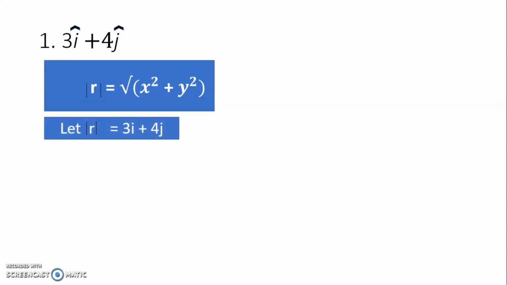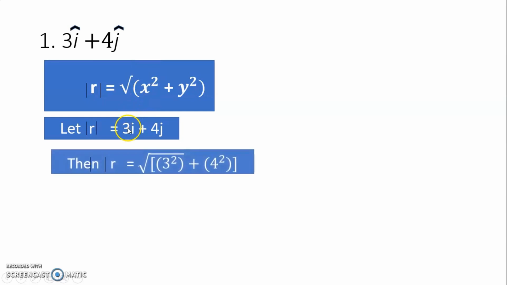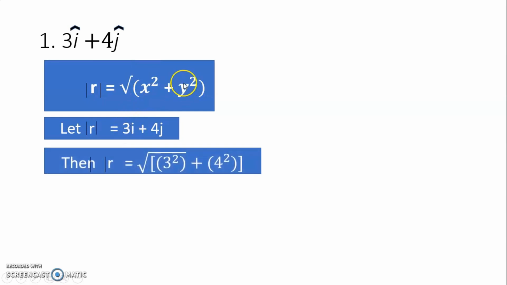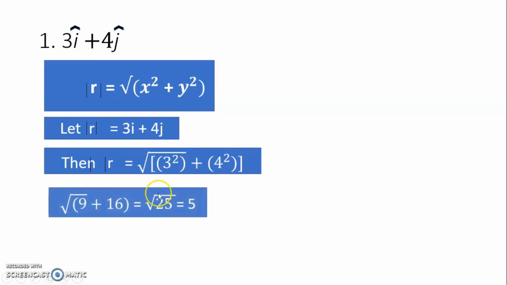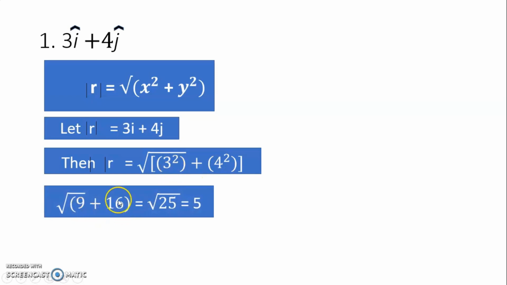Anywhere we see x, we replace x with 3 and we replace y with 4. So here it will be 3 squared plus 4 squared, which is equal to 9 plus 16, which is 25. So the square root of 25 is equal to 5.